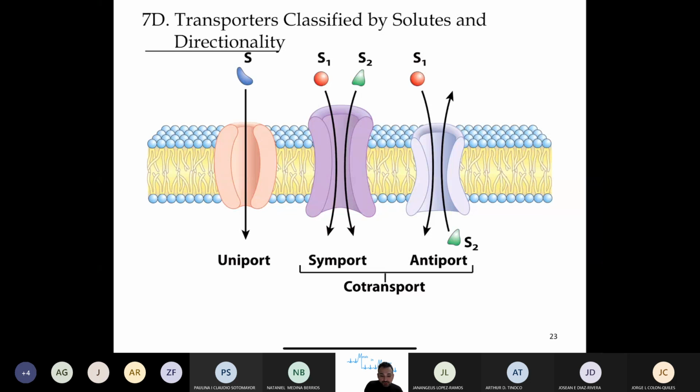And so we have the uniport. In contrast, we have what are known as cotransport, where you can break them down into the category of a symport, where you have a movement of two solutes in the same direction through the transporter, or an antiport, where obviously it will be the opposite, where you have your solute going in the opposite direction of another solute. All right.